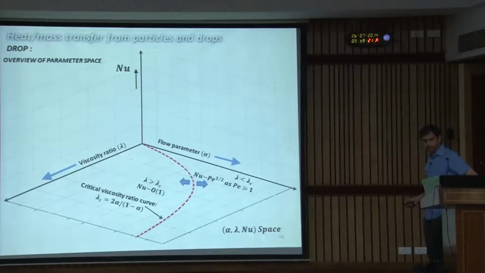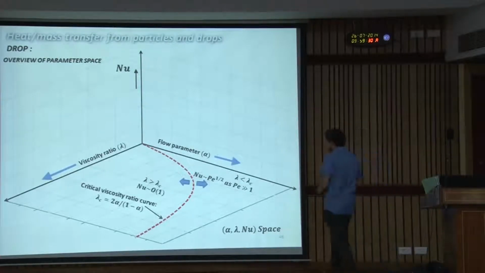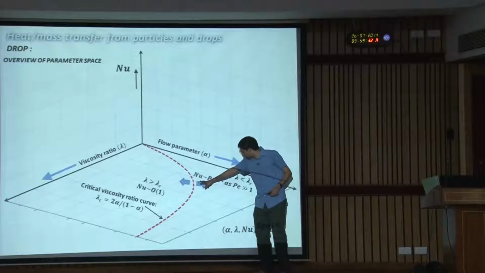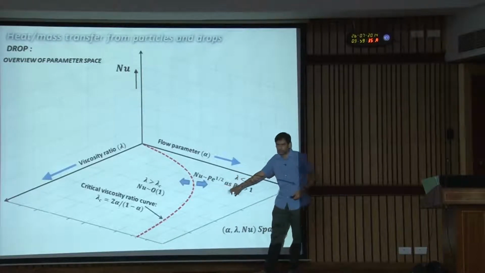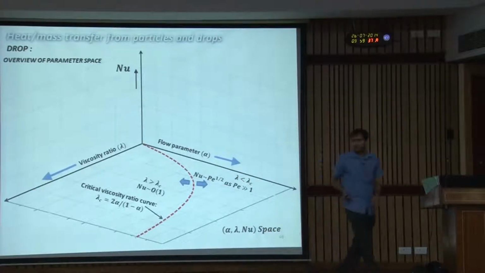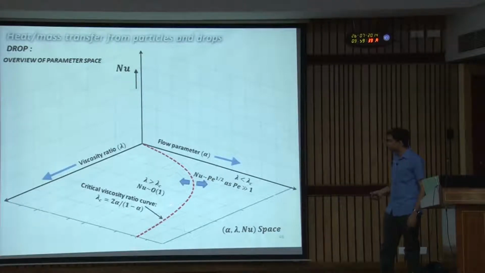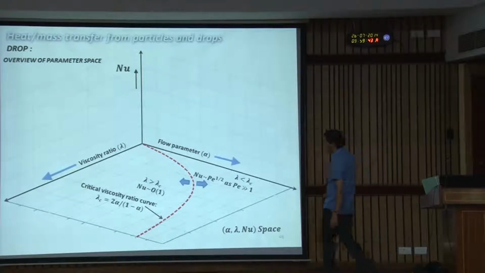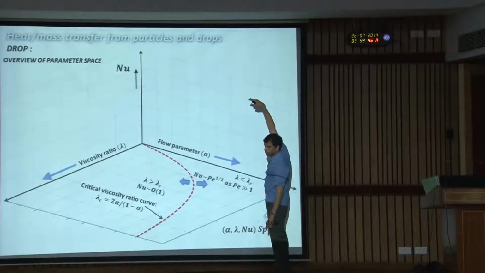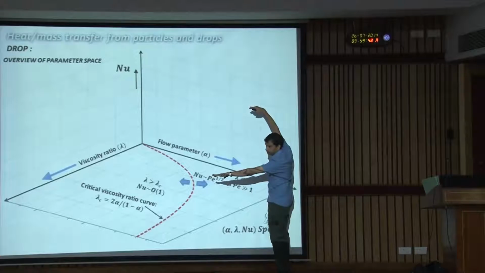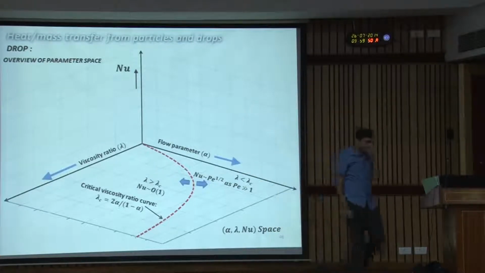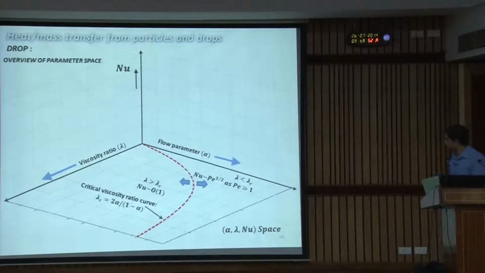And this is important because now I'm talking really of a Nusselt number surface on this plane. So on this side where the streamlines are open, we know that the Nusselt will grow as the square root of Peclet. Okay. On the other hand, there the Nusselt is going to remain at an order 1 value. Okay. So as Peclet goes to infinity, this side goes to infinity, that side remains at an order 1 value. Okay. Right.